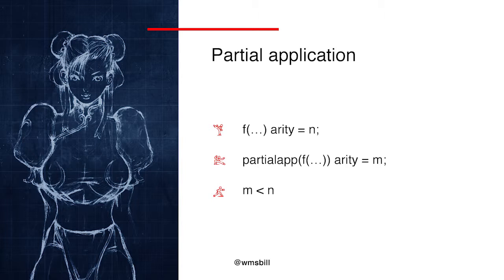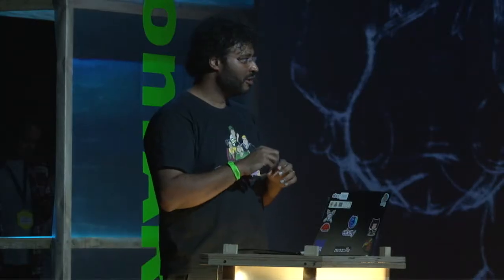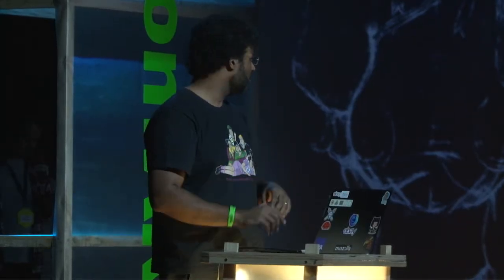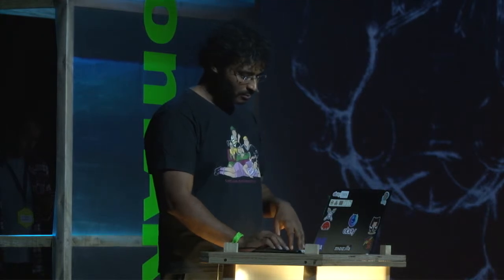Partial application refers to a process that, given a function with arity n, returns another function with a smaller arity by binding some parameters to fixed values. Arity is the number of parameters that a given function receives. You can check the arity of a function just by calling function.length.